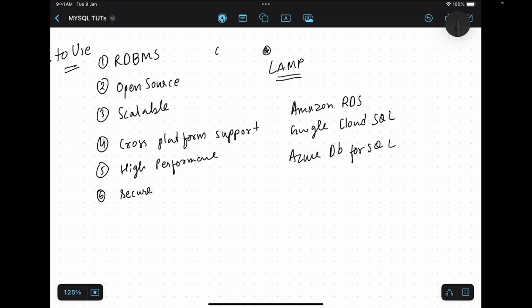So if you have a company and you don't want to set up the whole database on your own premises, then definitely you can go for cloud solutions. Most people are now using cloud only because it's pay as you go. You don't have to care about setup and all things. It's already set up, it's already secured and whatnot.